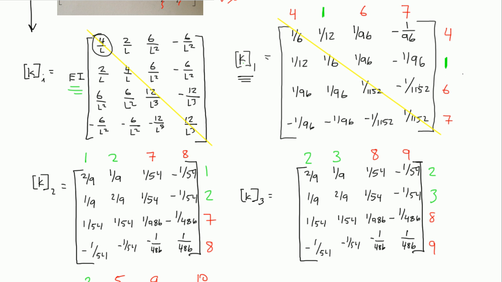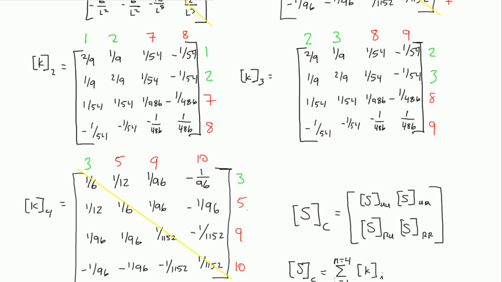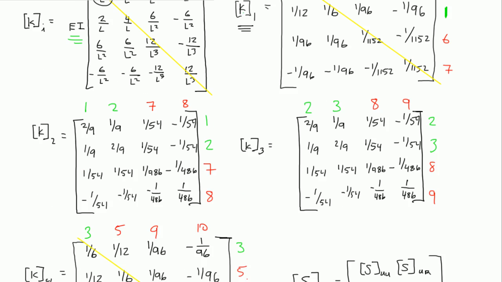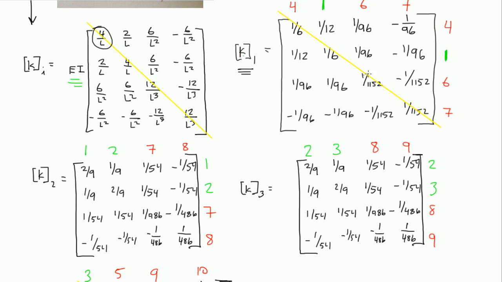And then we look at K sub 2. Is there a 1, 1 here? Well, yes, there is. There's a 1 here, and there is a 1 here. So that value is 2/9. Is there a 1, 1 in the third matrix? Well, no, there isn't. Is there a 1, 1 location in the fourth matrix? Again, no, there isn't. So the only 2 values here that are 1, 1 are this 1/6 and this 2/9.